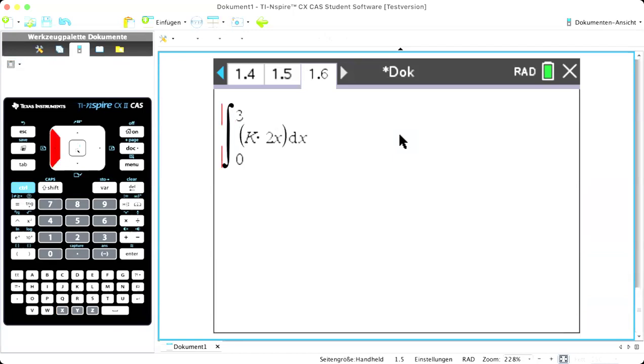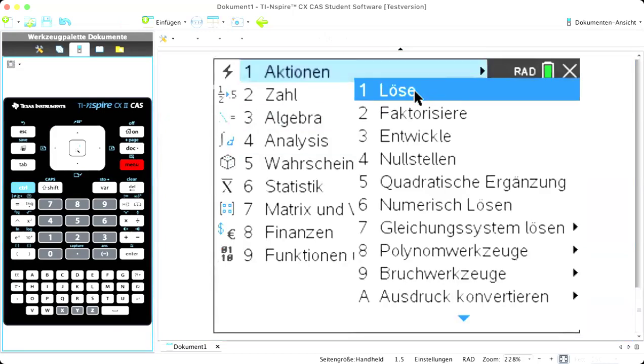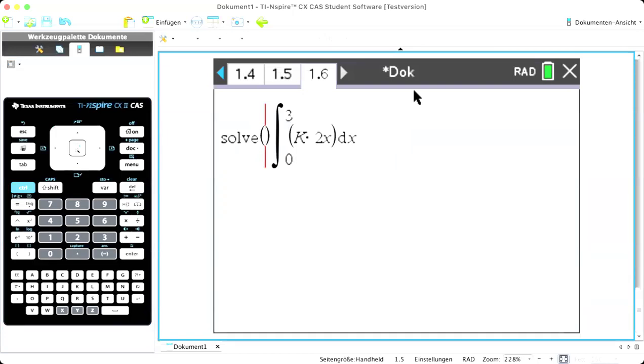I could do it in 2 steps, but I can also go to the beginning, again menu, and then algebra, solve is the function I want. Here, the right parenthesis is on the wrong end, so I delete it, and then it's smart enough to check what I want. So here I have my function. I need an equation.